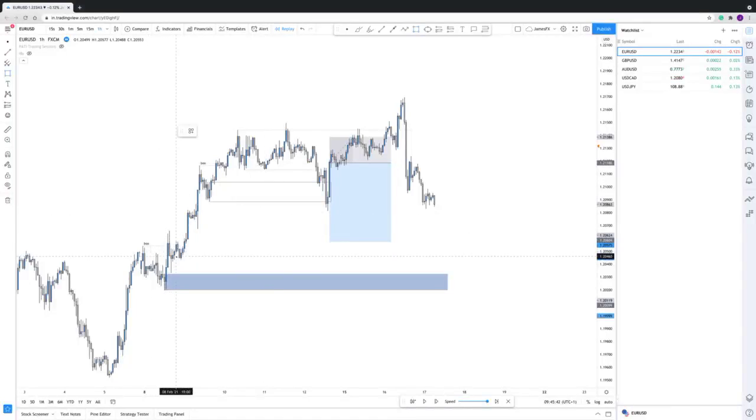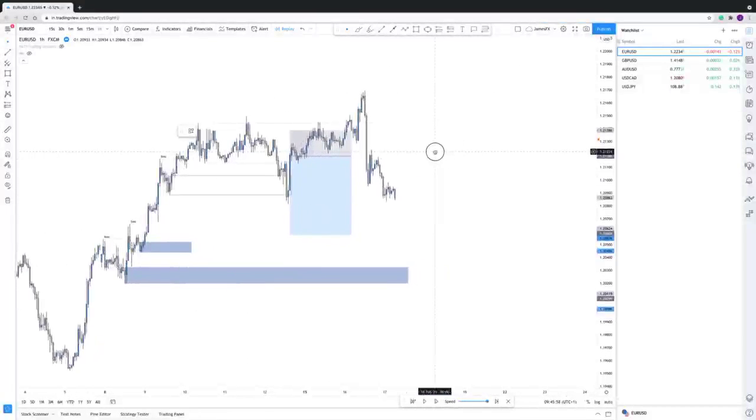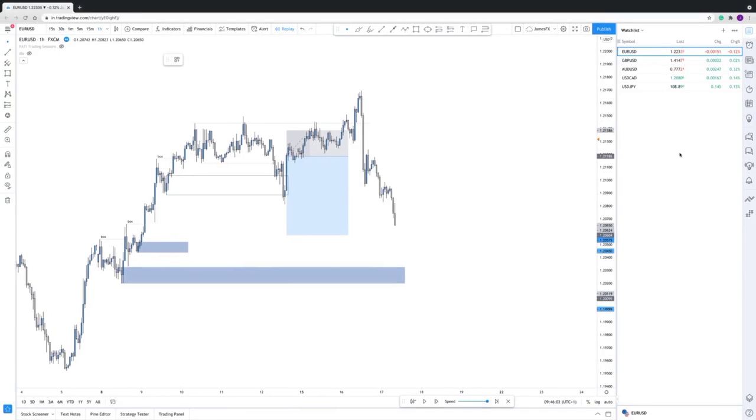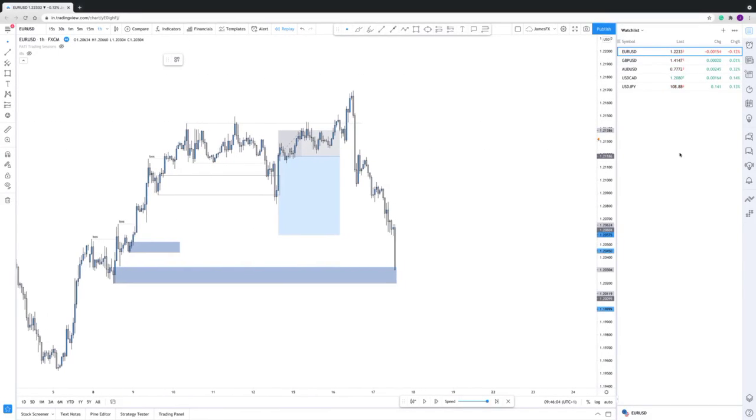So I won't put on too much, but I will just leave that to the side. We can see we have an order block that broke structure impulsively. Okay, so these are areas where price could actually react from. Okay, so if we move down, you can see the momentum.